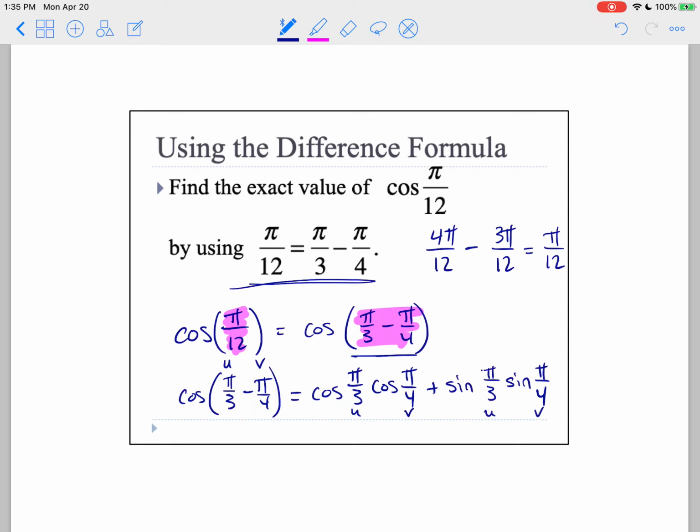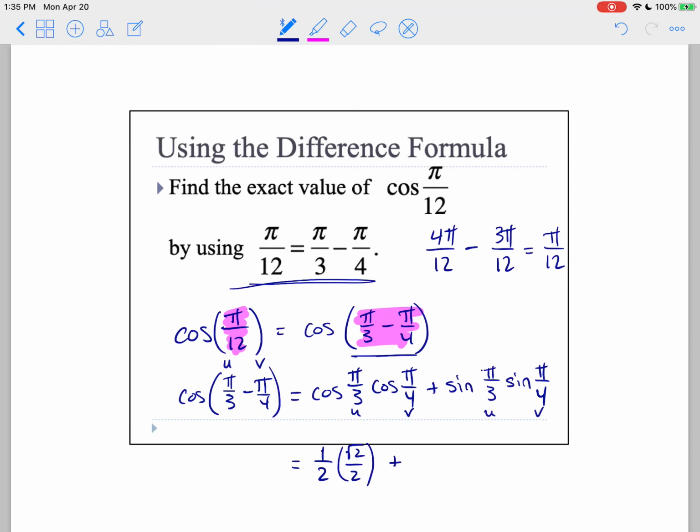And now I know cosine of pi over 3. Cosine of pi over 3 is on my unit circle. And pi over 3 is the bigger angle, and so that means I'm higher up than I am to the right. So that's my 1/2. And cosine of pi over 4 is root 2 over 2. That's where sine and cosine are the same.